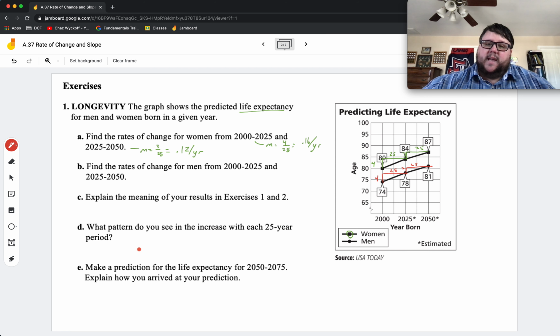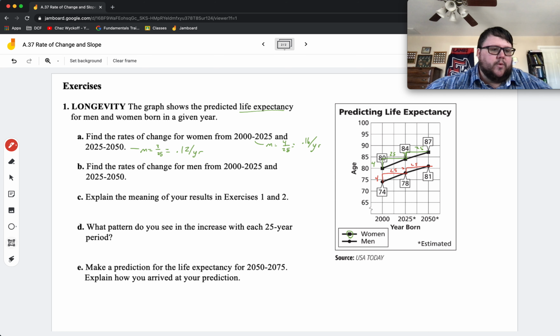So you're going to have to put that in words. What pattern do you see in the increase with each 25-year period? So what I said was that life expectancy increases each year, but not at a constant rate. So for C, you're going to say they both have the same increases over the same time spans. For D, you're going to put that they both increase, but not at a constant rate.